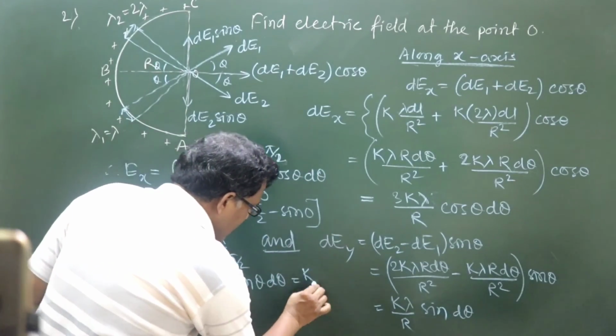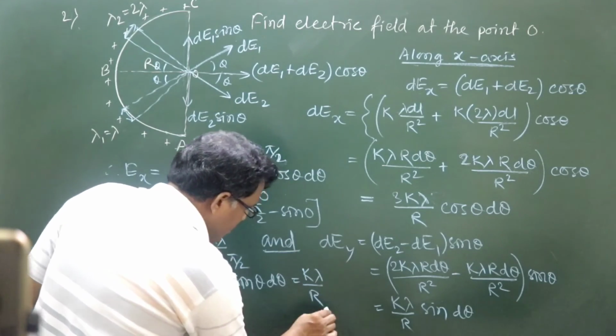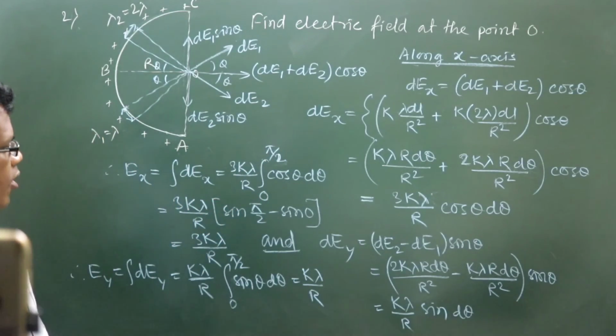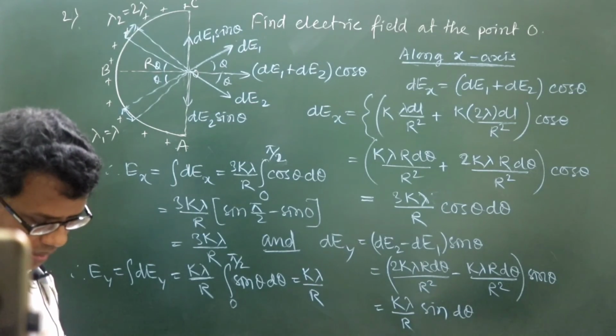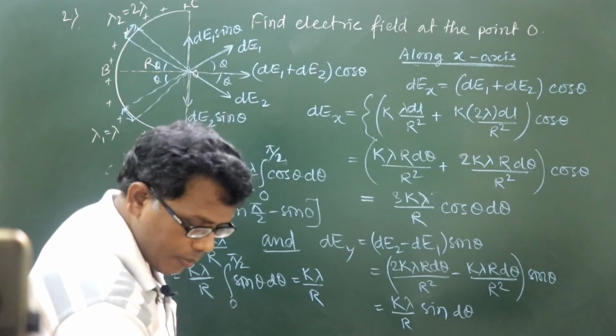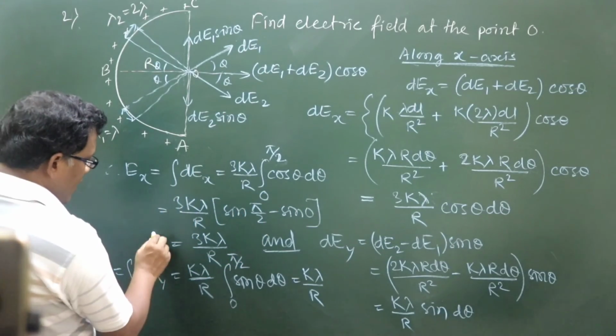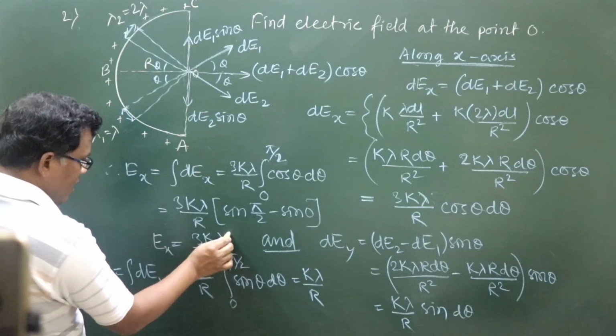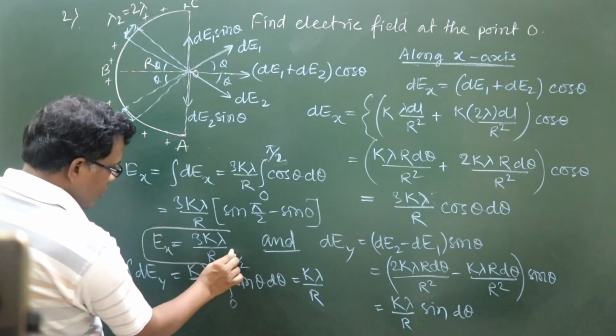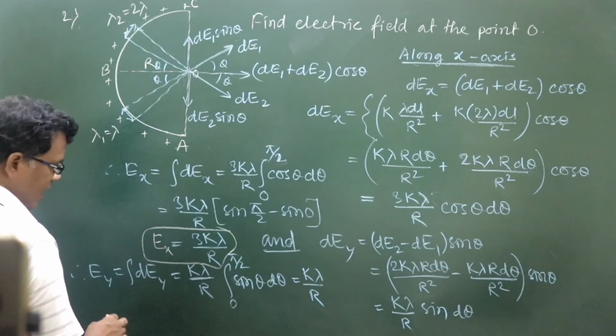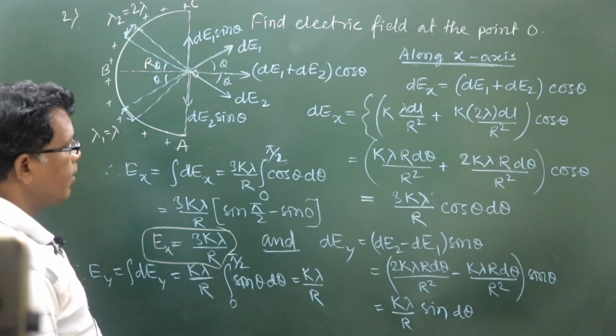So this is k lambda by r. So we have got two results. One result was 3k lambda by r, this was Ex, and we are getting Ey as k lambda by r.